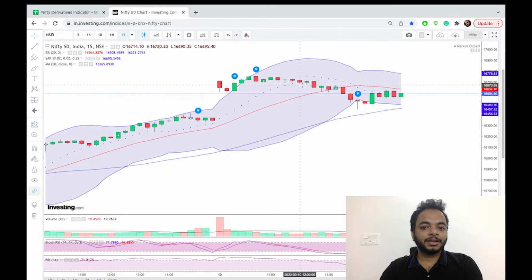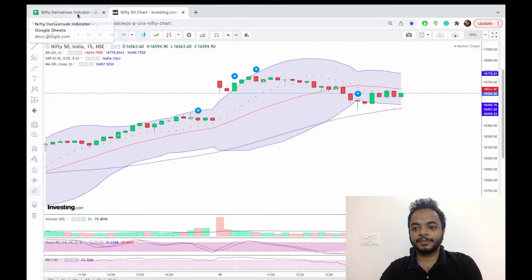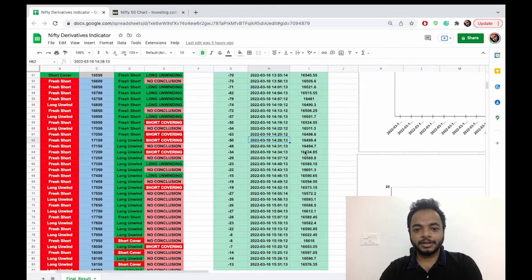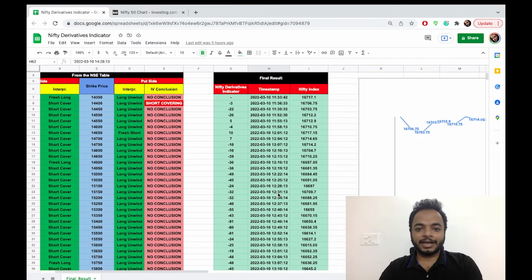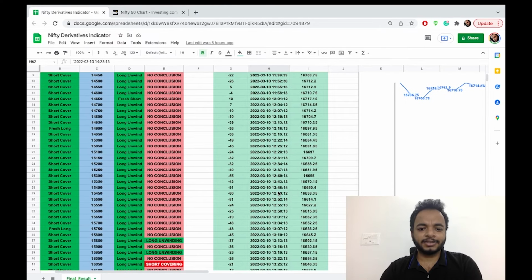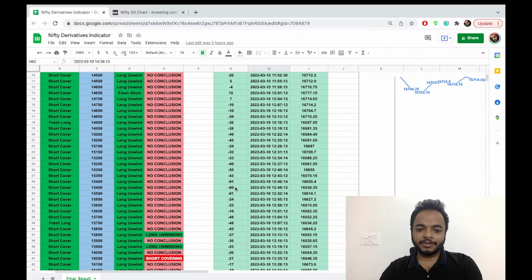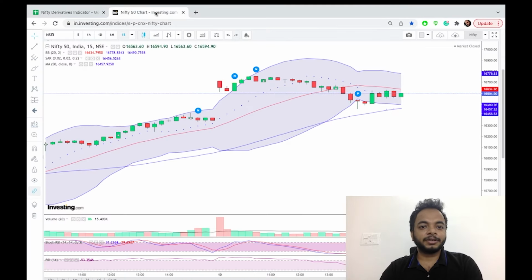That's how the Nifty derivatives indicator as well as the Bank Nifty derivatives indicator helps traders. It analyzes all the big players' movements. As you can see, the negative 91 score came at around 12:46, but the movement occurred 15 to 30 minutes after that.